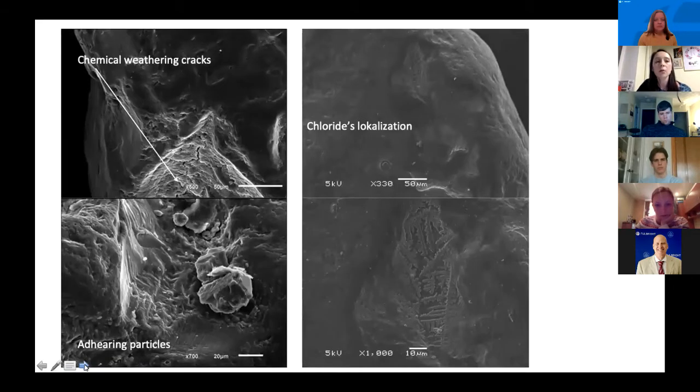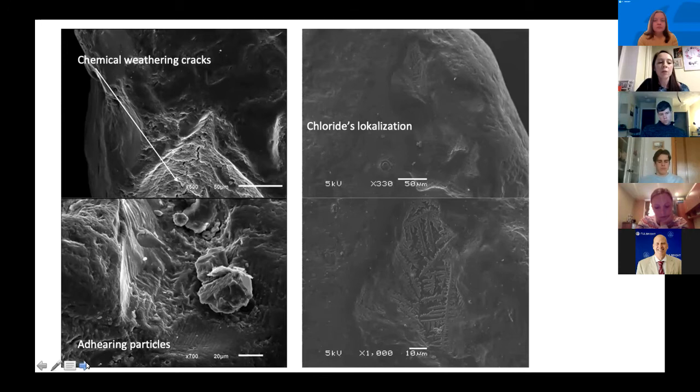And of course, we have not only mechanical processes; we can also see chemical ones, for example chemical weathering steps or cracks, adherent particles, and, for example, floral localization. A very nice picture on the surface.